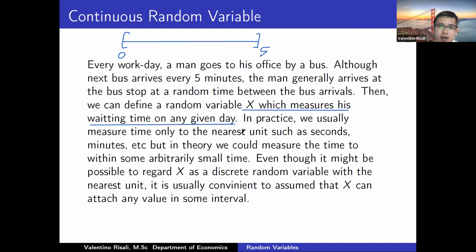So we don't measure the time to the nearest unit, but we find the actual time, so that we don't use the discrete random variable and define a new approach, that is the continuous random variable.